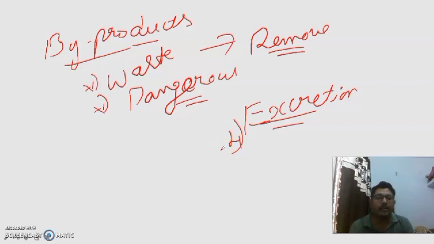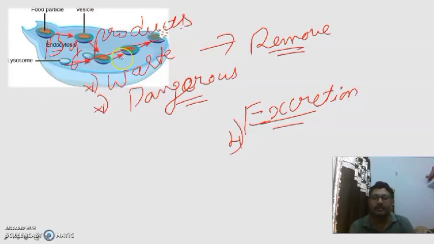How many processes have we recalled? Total 4. One is nutrition, second is respiration, third is transportation, and fourth is excretion. When we look at the picture, this unicellular organism, since it is made up of only one cell and its body is in direct contact with the environment, directly releases all the waste into its external surroundings by the simple process called diffusion.